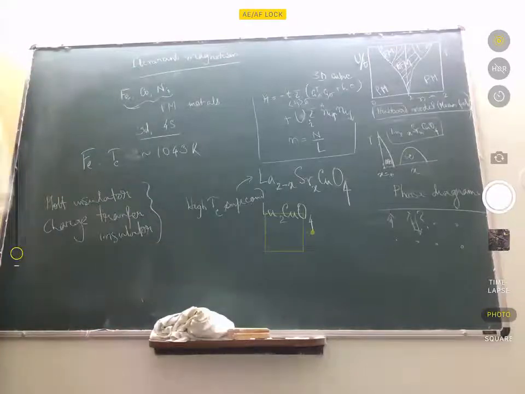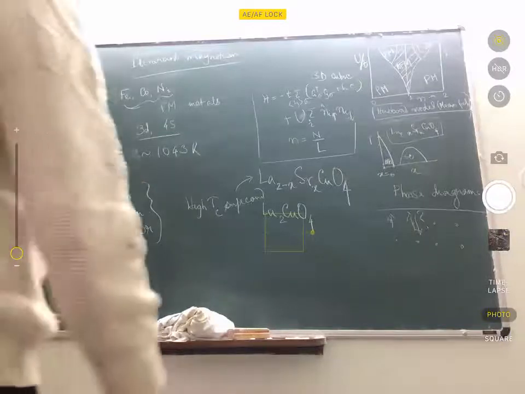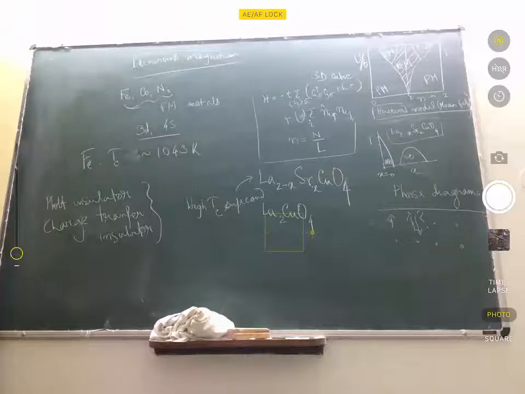What I'm trying to say here is that these are insulators not because of valence electron count. These are not band insulators, but insulators because of electron correlation effects, and I'm terming it a Mott insulator.